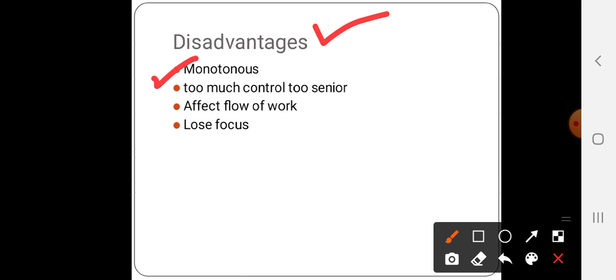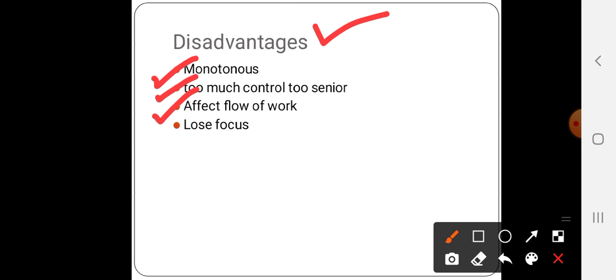The job simplification method can lead to monotonous work and boredom. It can be very boring because employees are following a structure. Next is too much control to seniors. Job design by enrichment gives too much control in the hands of senior employees, which can lead to poor results or conflicts with other staff members.